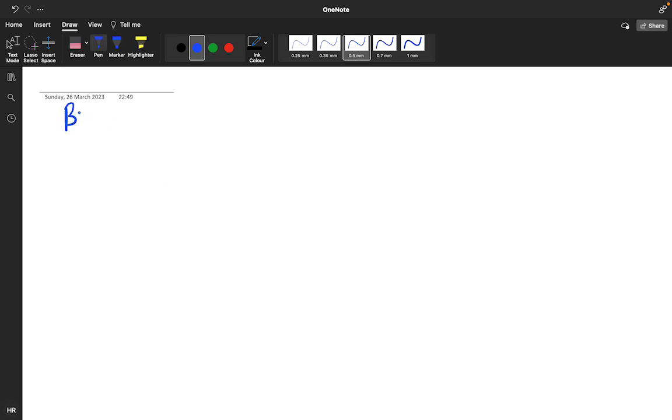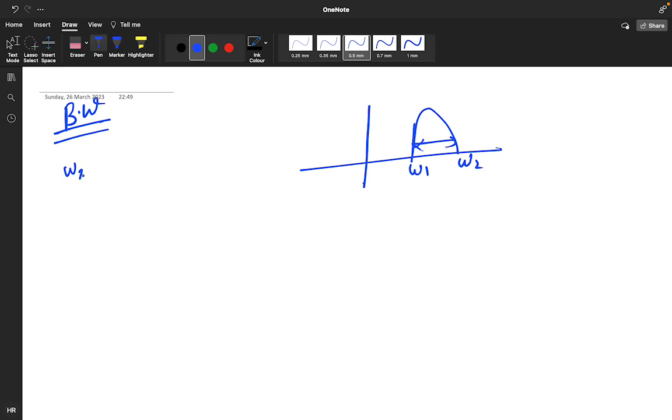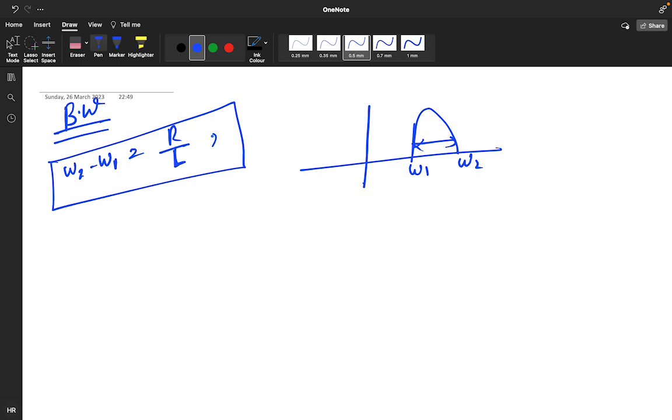So bandwidth means, this is your omega 2, this is your omega 1. So what is the distance between these? Bandwidth means omega 2 minus omega 1. So by doing the approximations and all, you will get the formula: bandwidth is R by L, resistance by inductor. That's it, radian per second.